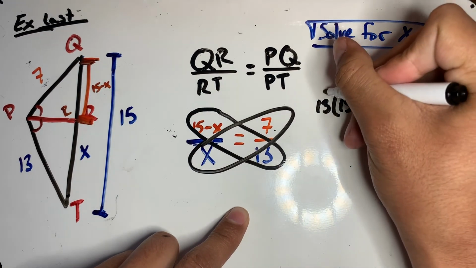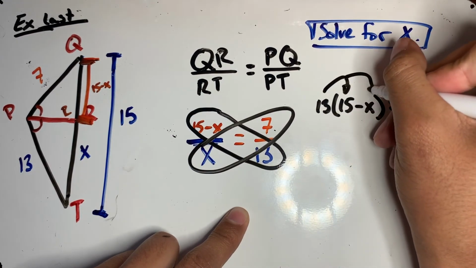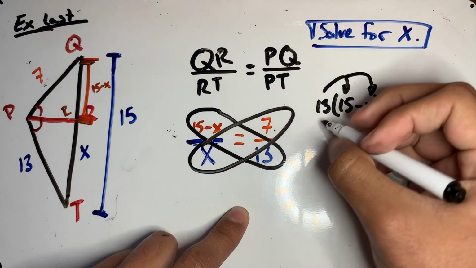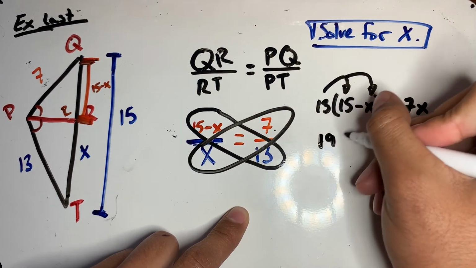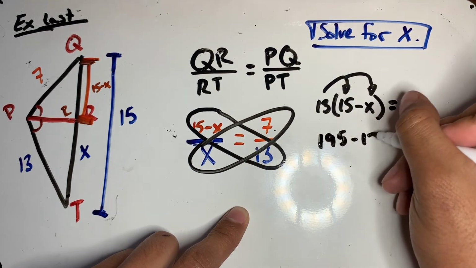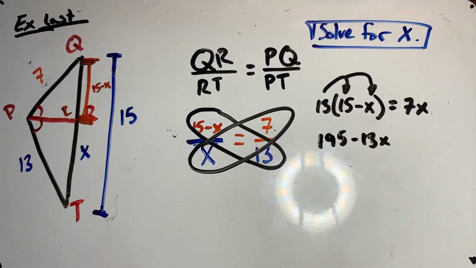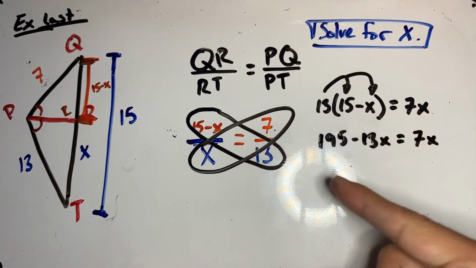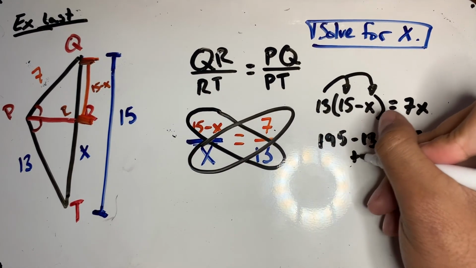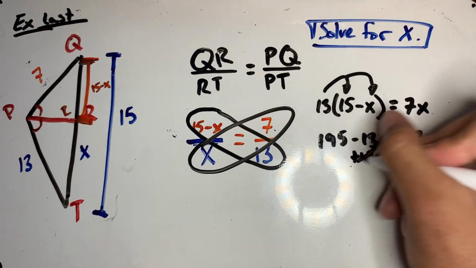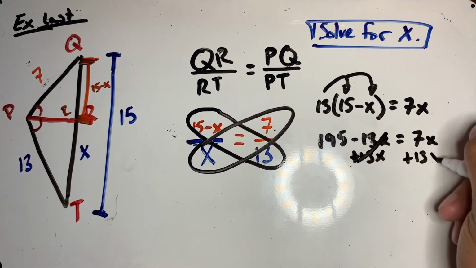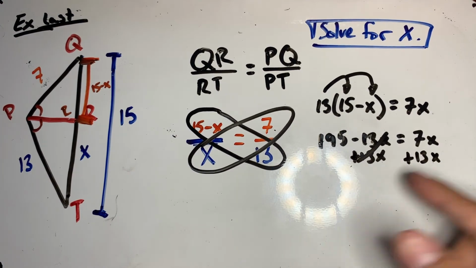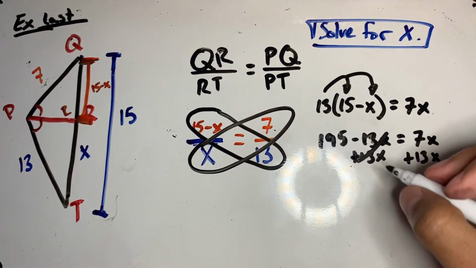Okay, so now you have to distribute. 13 times 15 is going to be 195 minus 13X. And then that's equal to 7X. So we want to get everything to one side. So I'm going to add this 13X over. When I say we want to get everything to one side, I want the variables on one side and numbers on the other side.